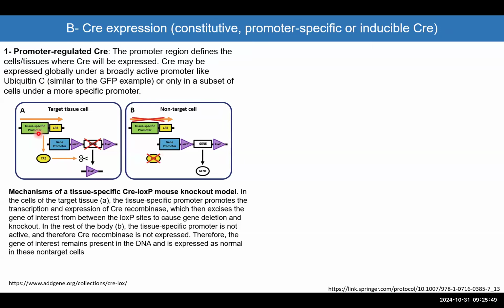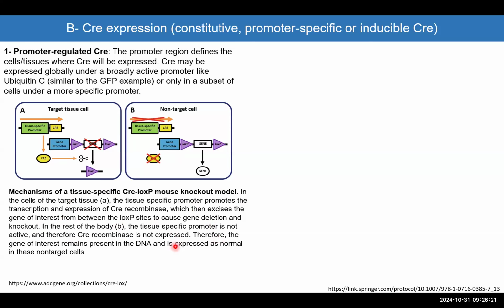If this is the insulin promoter and that's the CRE under the control of the insulin promoter, in other cell types, like in the skin, in the heart, in the kidney, there is no insulin generated, and therefore the CRE is not generated, and therefore there will be no deletion of that gene because the CRE is not there to go and excise the LOXP sites. Okay, so that's how the mechanism works in a tissue-specific manner.